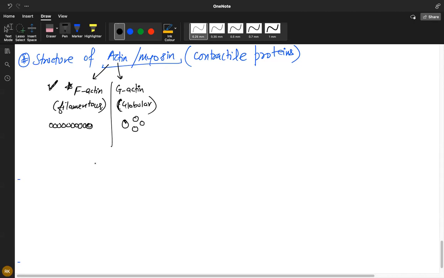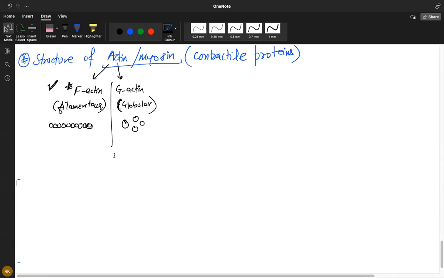So write down first, each actin filament is made up of two strands of F-actin, which are helically wound to each other, or which are present in a helical manner.